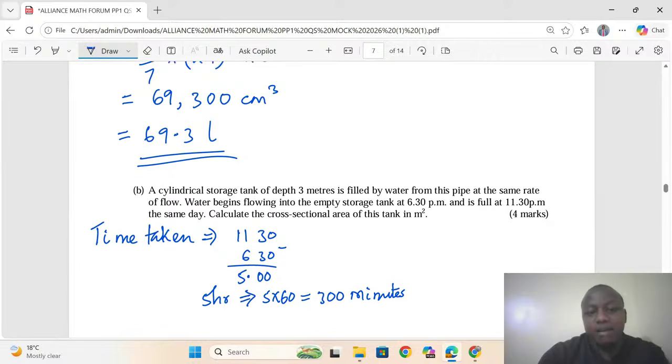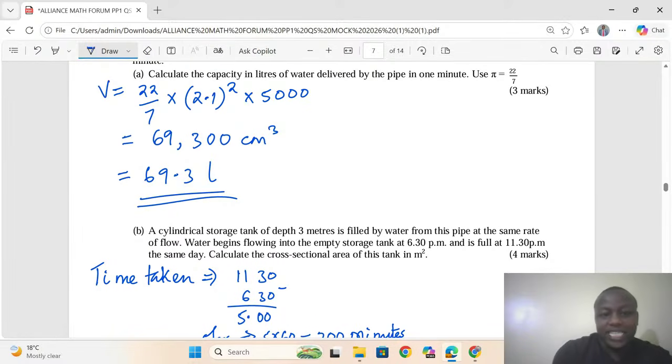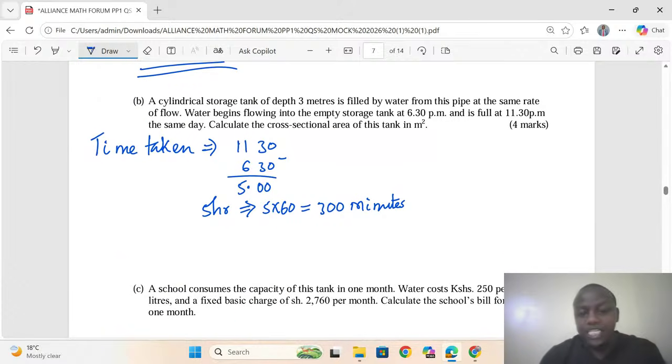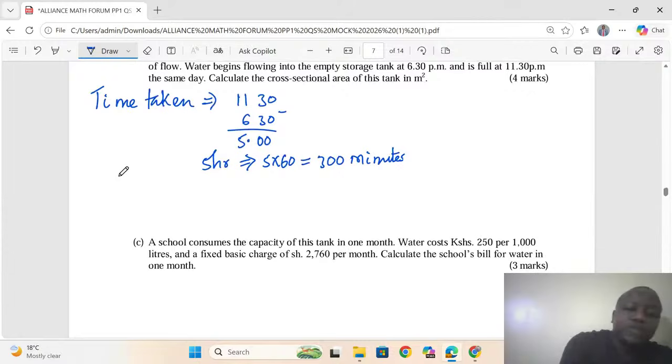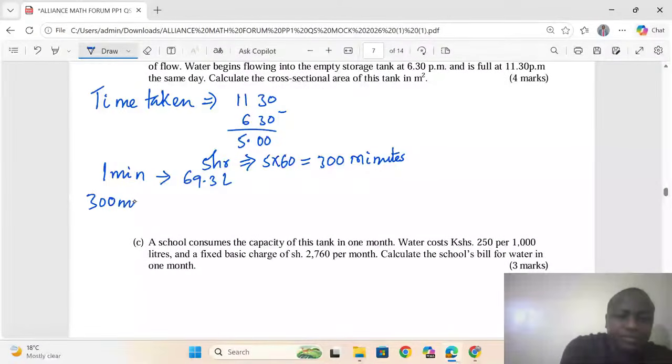And we know the volume that enters the tank in a minute. Within the 300 minutes, this pipe has been delivering water, so what is the capacity of this tank? In 1 minute, the pipe is able to deliver 69.3 liters. What about within 300 minutes?